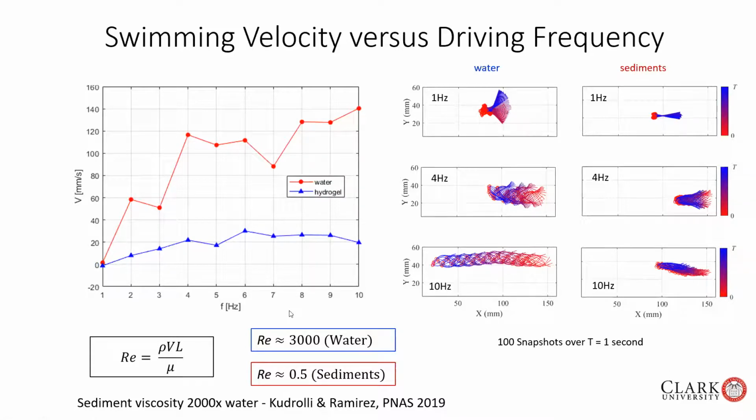In a similar research from our lab, we discovered that the sediment viscosity is around 2,000 times that of water, and the Reynolds number in water is 3,000, and the Reynolds number in sediment is 0.5.